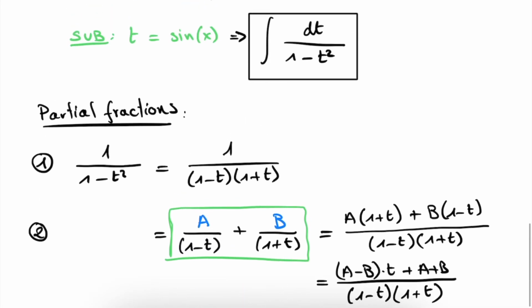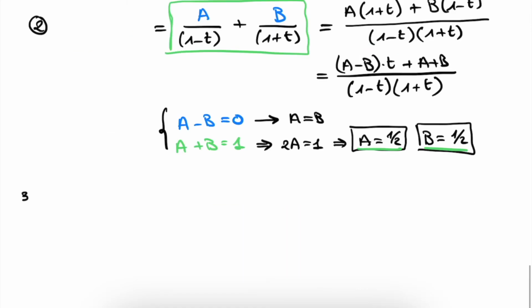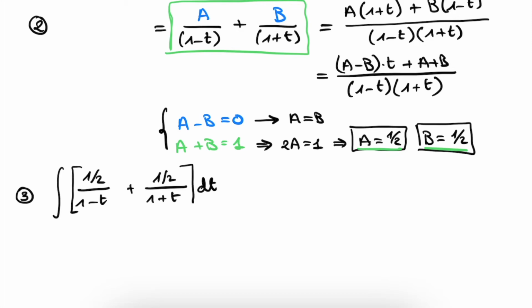And we can then solve the integral that we had to solve. So the third and final step is of course to solve the integral of 1/2 divided by 1 minus t plus 1/2 divided by 1 plus t. And of course we have dt here and put some brackets to avoid any confusion.